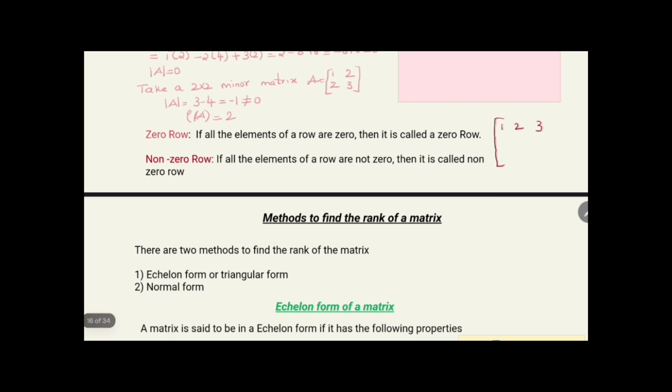Okay, 1, 2, 3, 4, 5, 0, 0, 0, 0. So this is the matrix I have taken. For example, okay, this is R1, R2 and R3. If you see carefully, all the elements of the third row are 0. So we can say that R3 is a 0 row.